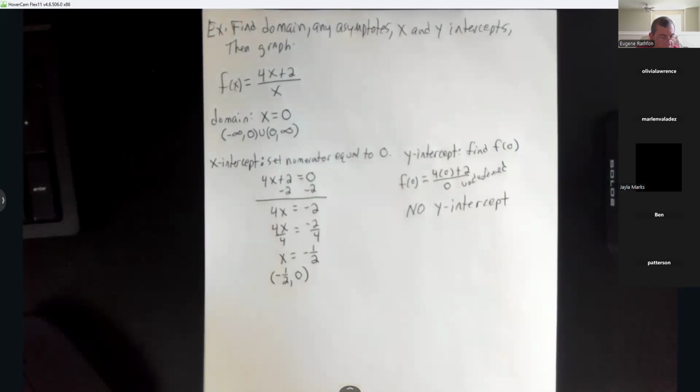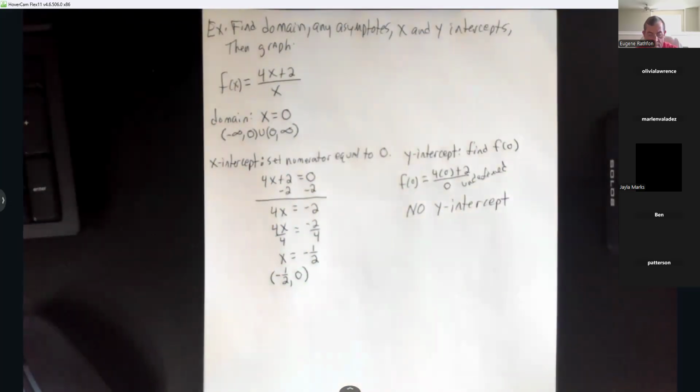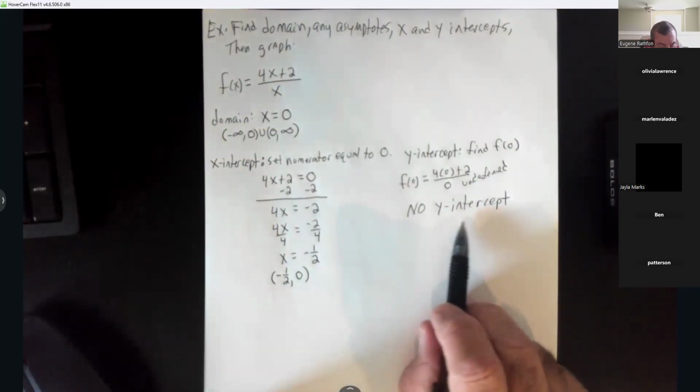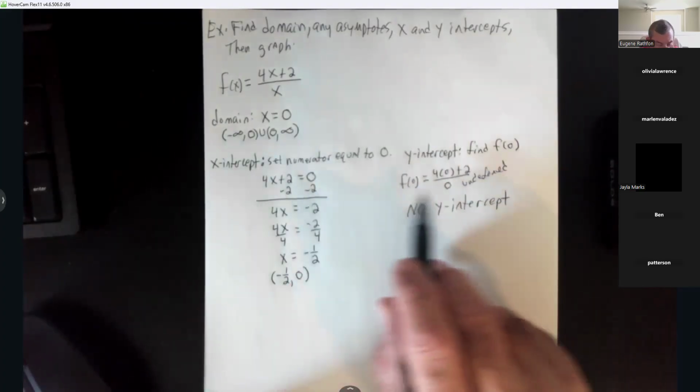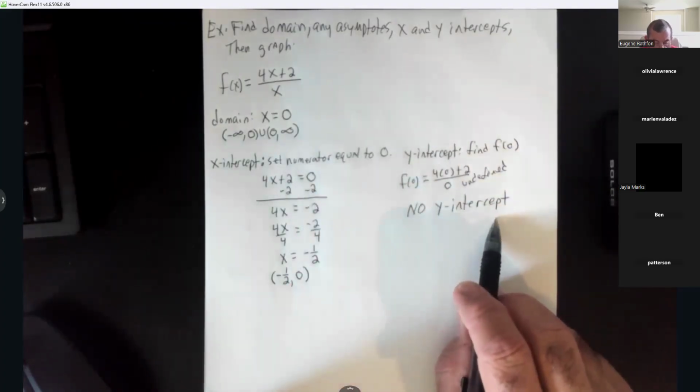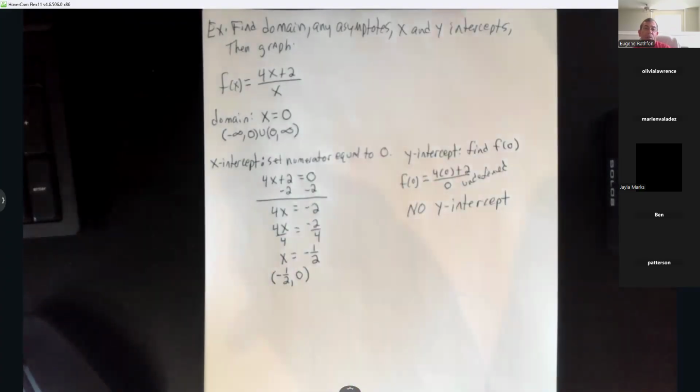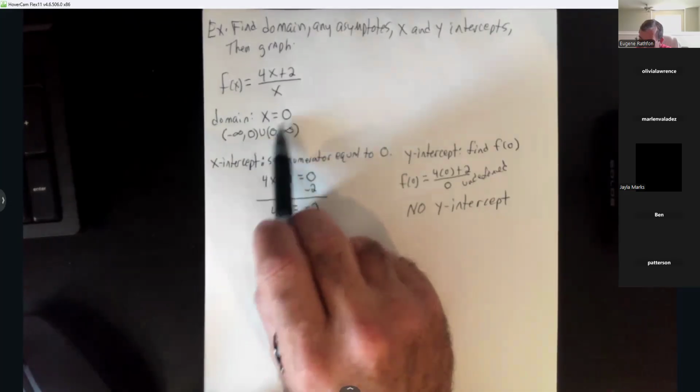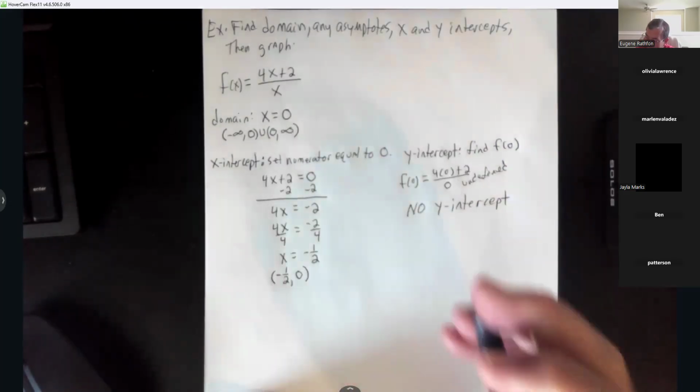Now, y'all, let me see. So on this one, you'll find the x-intercept, y-intercept. Then they just show you the graph. Now, I know this was going to have a vertical asymptote at 0.